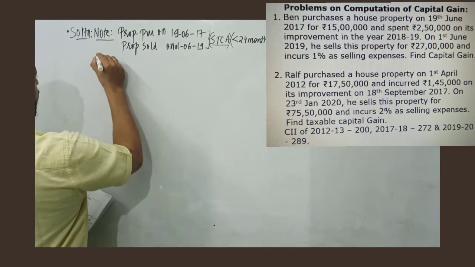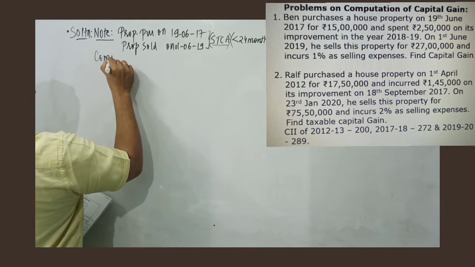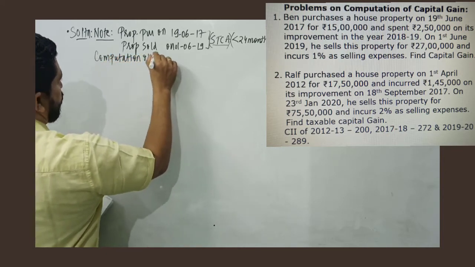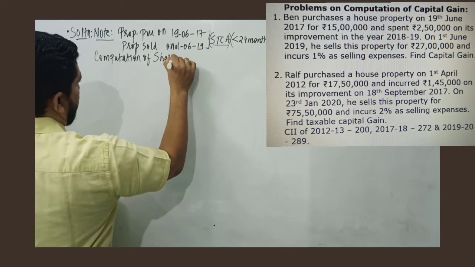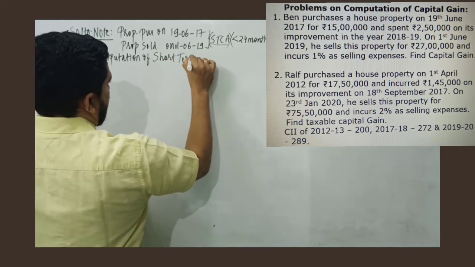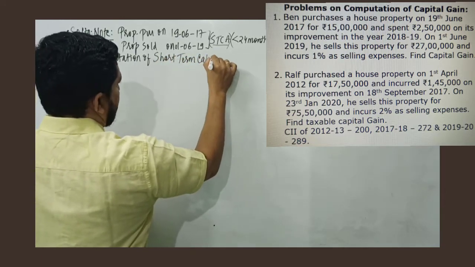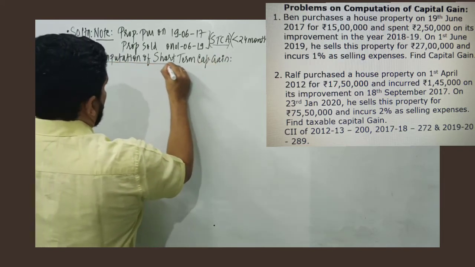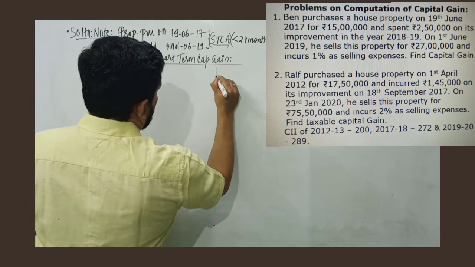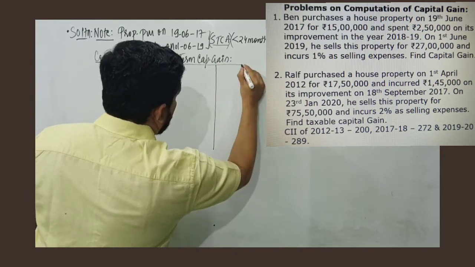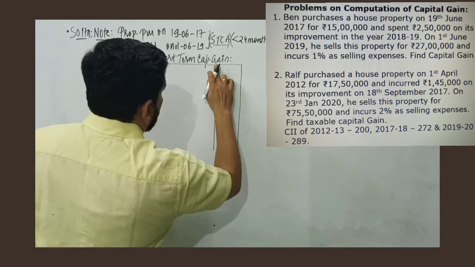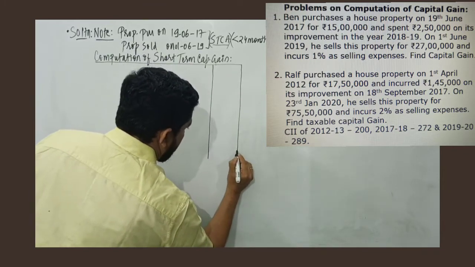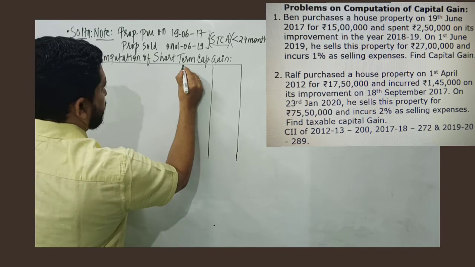So, I record the format now. I record over here computation of short-term capital gain. I prepare two amount columns, with a slightly bigger amount column.